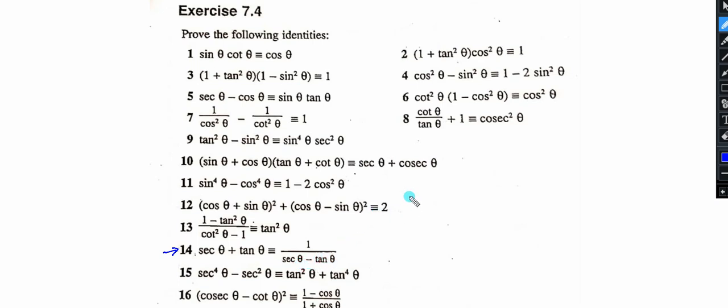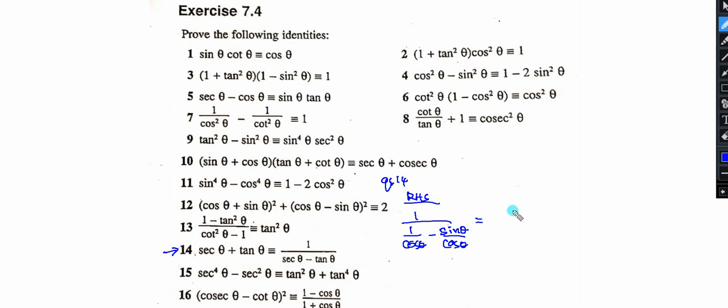So let's convert the right hand side. This is for question 14. Right hand side is 1 over secant theta, which is actually 1 over cosine theta, minus this sine theta, cotangent is sine theta over cosine theta.